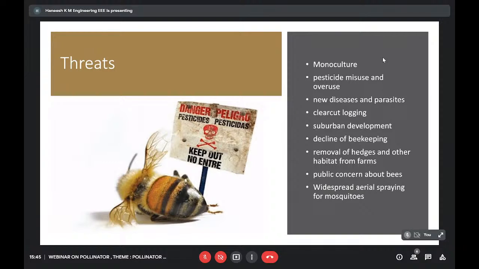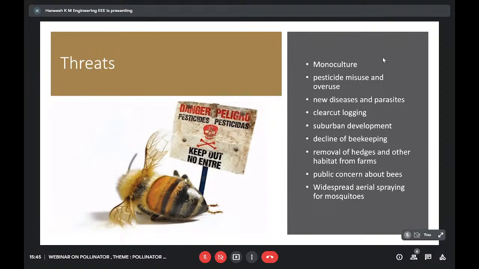When you are going for monoculture and only a particular kind of agriculture, the crops are more vulnerable to diseases because their genetic diversity is less. They are more vulnerable to new kinds of diseases and parasites, so the numbers will come down very fast.